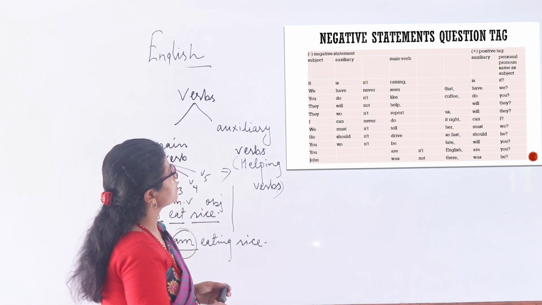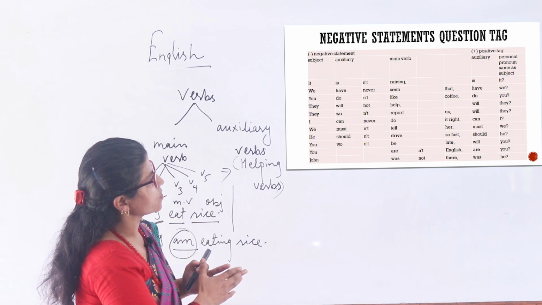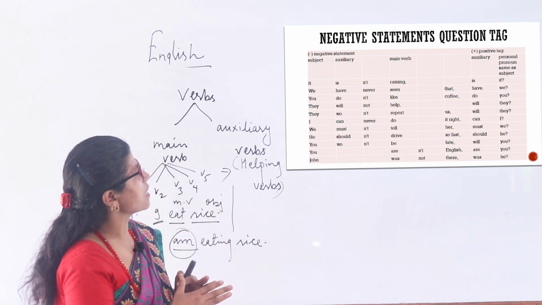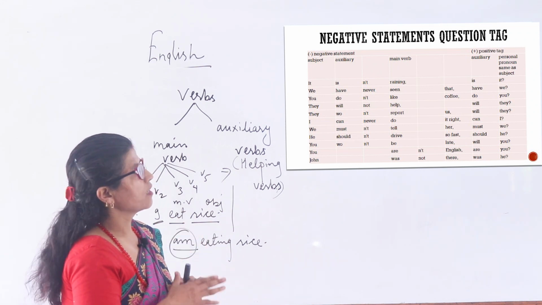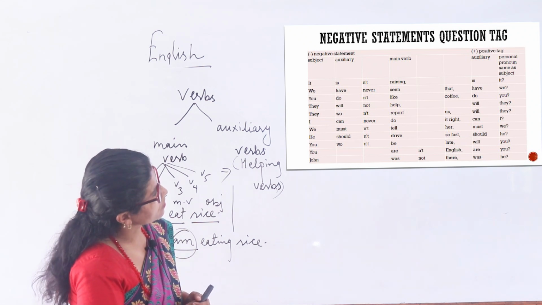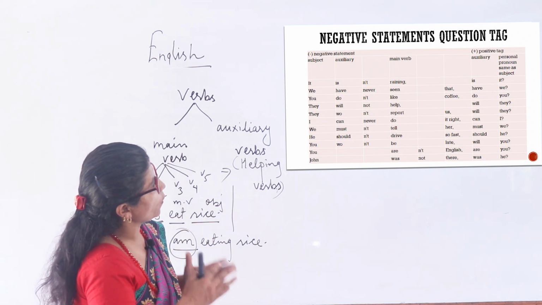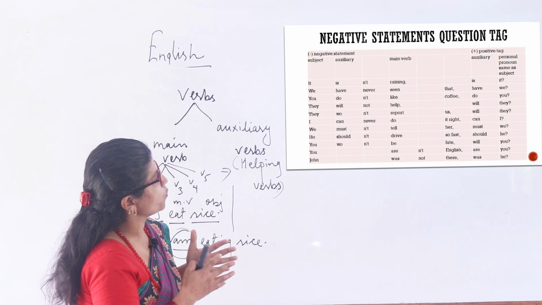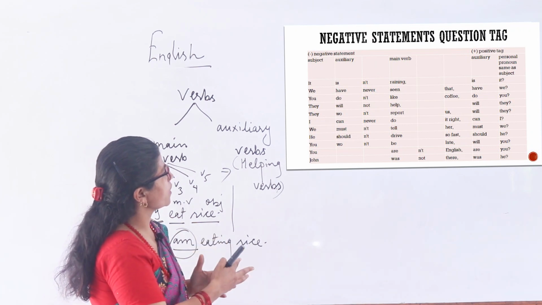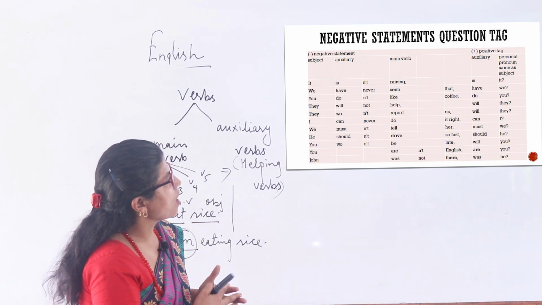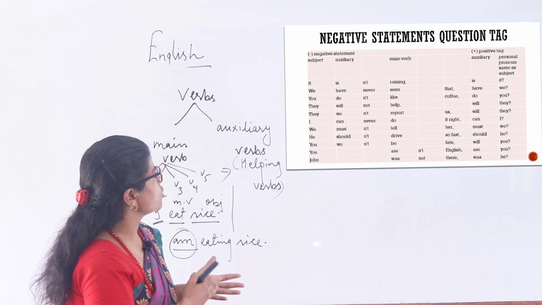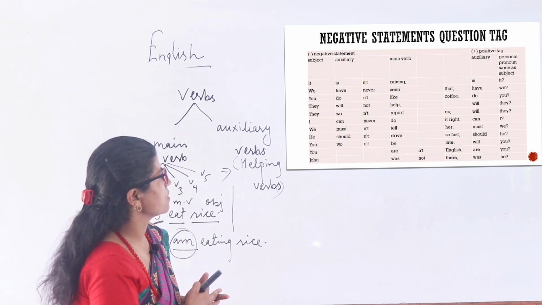Okay, you can see the subject, and "should" is the auxiliary. So every question tag starts with an auxiliary verb. You have noticed there is have, do, will, can, must, should, are, was. Okay, you are not English, are you? And John was not there, was he?